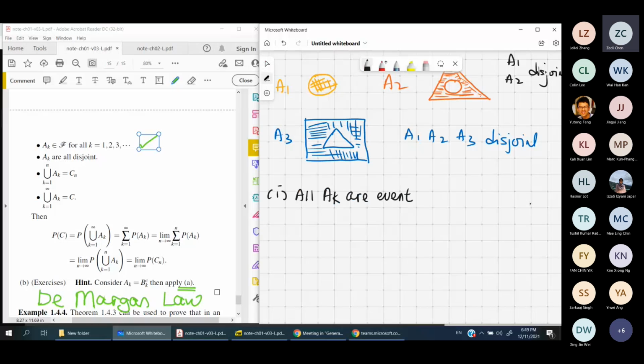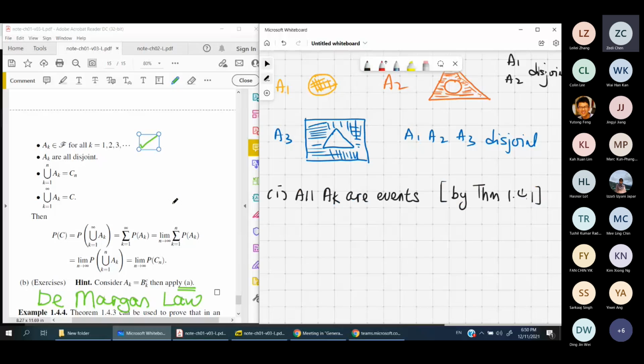Okay, so this is straightforward. We can get it directly from the previous theorems. Yeah, 1.4.1. So we got it right.